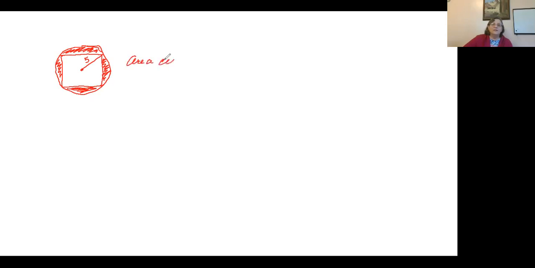So it's going to be the area of the circle minus the area of the square this time. The area of the circle is still going to be pi r squared. Area of the square, there are several ways to do this.